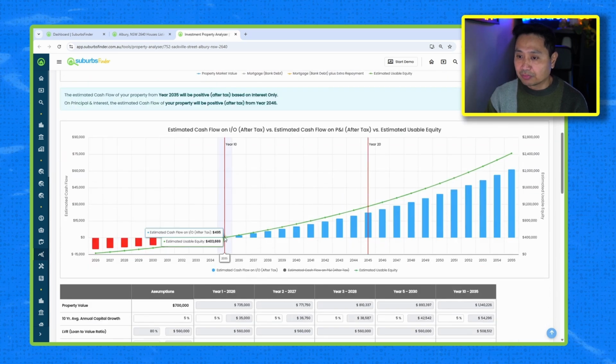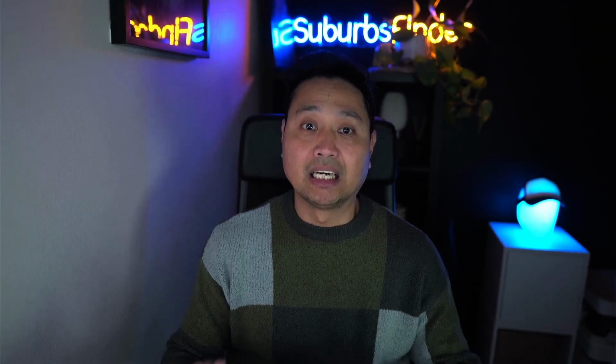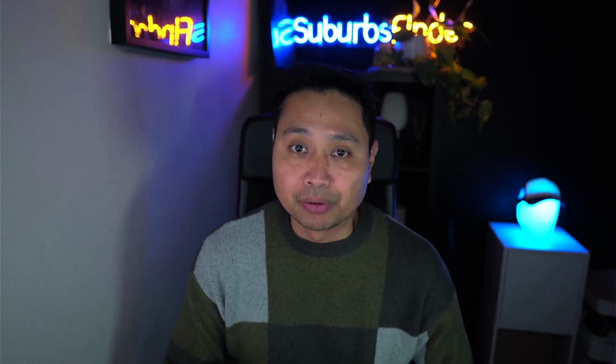Knowing that our cash flow will be positive on year 10, which is 2035, positive by $495, our estimated usable equity will be $403,669. Equity lets us invest again, refinance, or build wealth. Tracking usable equity over time helps us plan our next move and unlock future buying power.